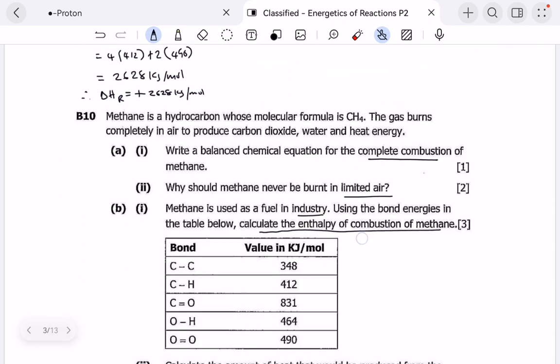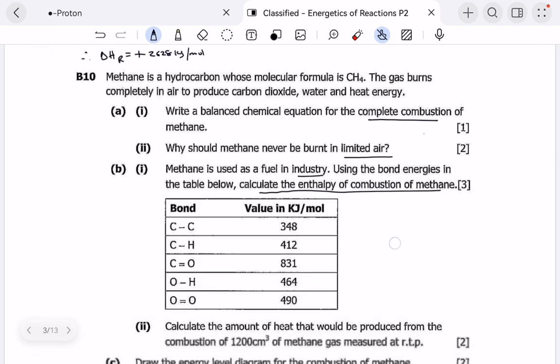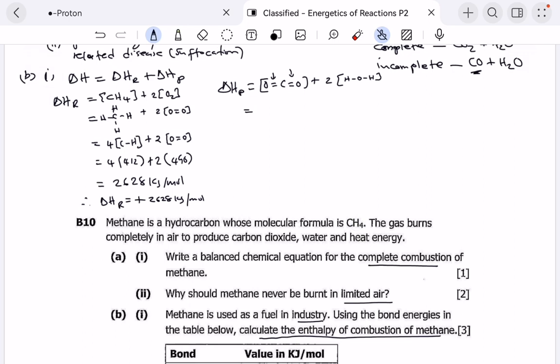Then for the enthalpy of products, again to illustrate, we are looking at the carbon, this, plus 2 of this. The carbon has 2 of these double bonds, so it's going to be 831 by 2, plus 2 of the OH bonds.